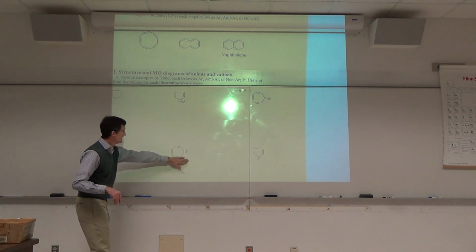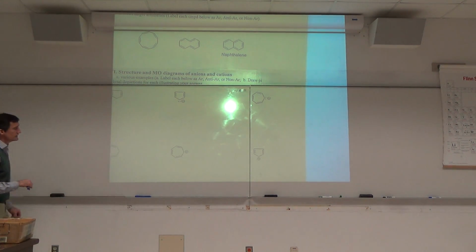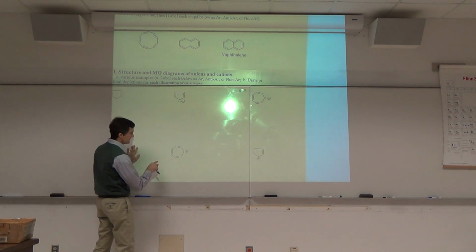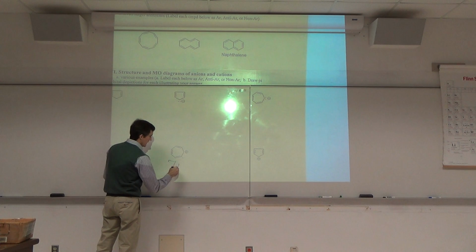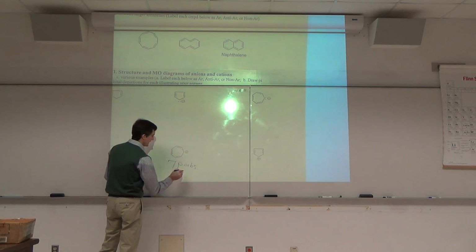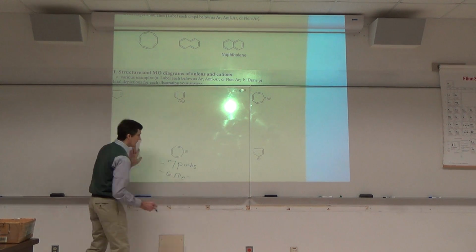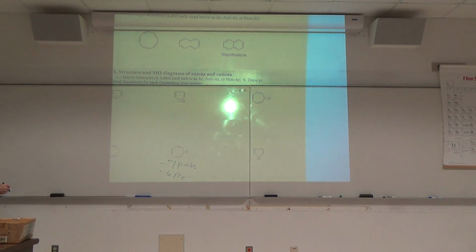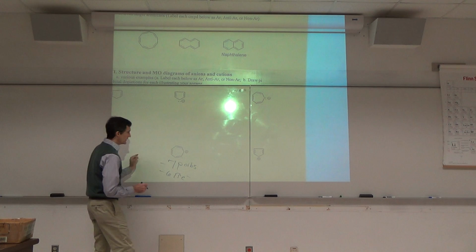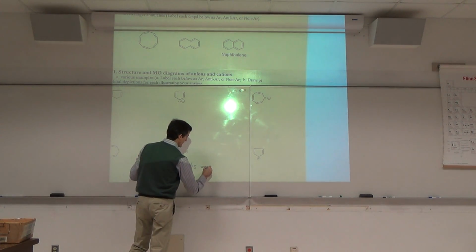This guy here? Okay, we said it's a cyclic conjugated system. How many p orbitals are we dealing with? 7 p orbitals. How many pi electrons are in the system? 6. Okay, how many MOs are we going to get? 7.